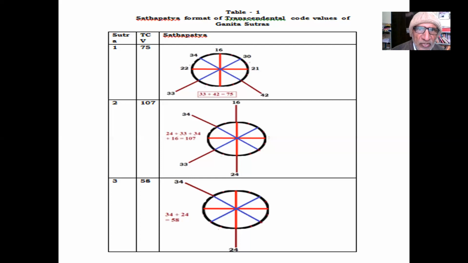So this dynamic state from Ganita Sutra 1, Ekadhikena Purvena, to Niklim Navastha Charmam Dashata, from Transcendental Code Value 75 to Transcendental Code Value 107, is a transition from the northeast direction and west-south direction frame into northeast direction and west-south direction.